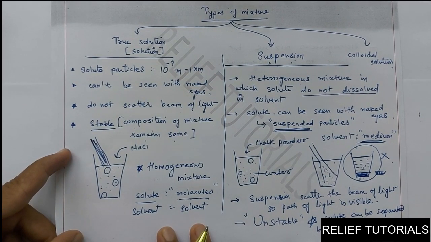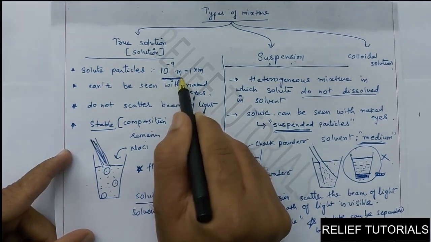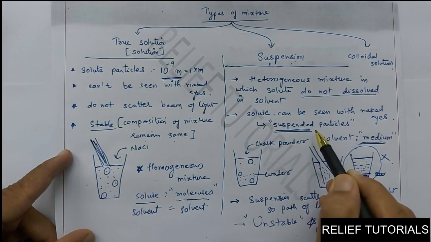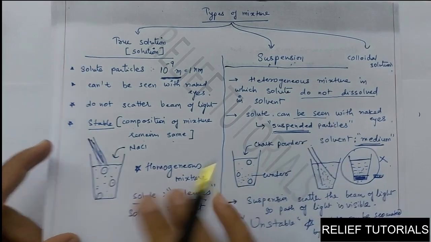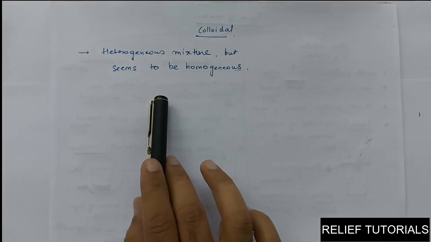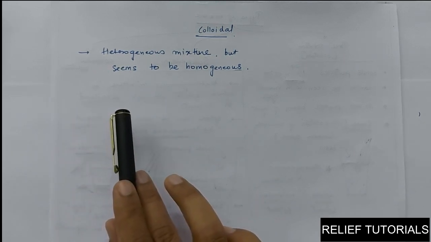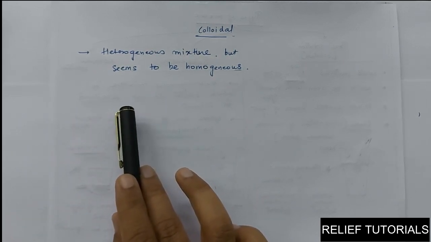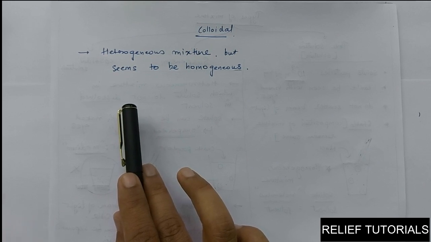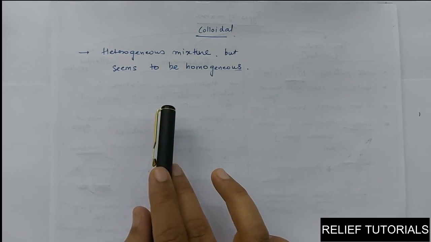But here the size of particle in the true solution is very small, and here the size is so big that they can be seen, but here the size of particle is intermediate. The size of particle of solute is bigger than molecules, meaning bigger than the particles of solution, but smaller than the particles of suspension.